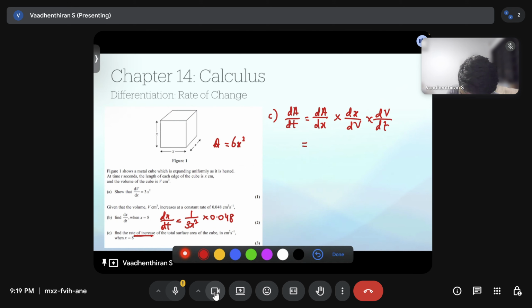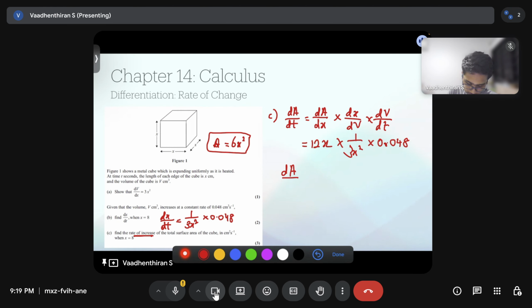Then dA over dx is the differentiation of 6x squared. You bring down the 2, it becomes 12, and x to the power 1. Then this would be 12x times 1 over 3x squared, which is dx over dV, times 0.048. So that's your dA over dt.